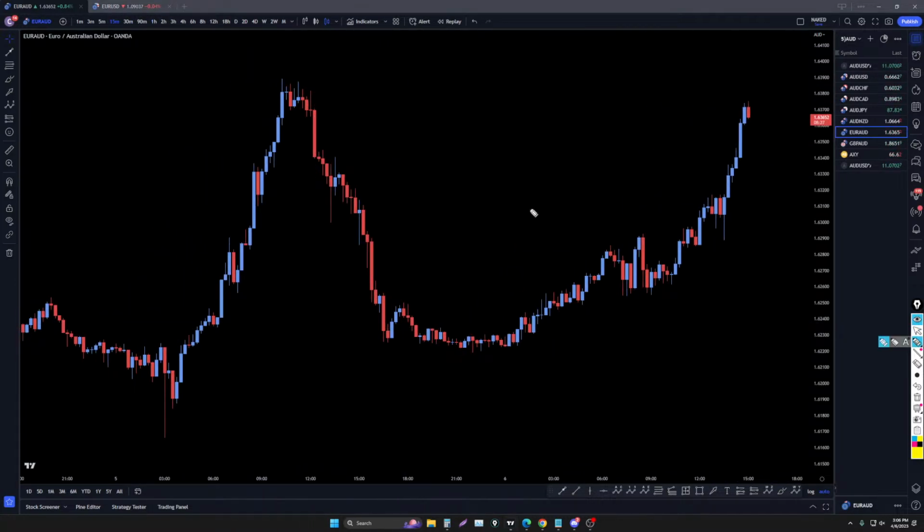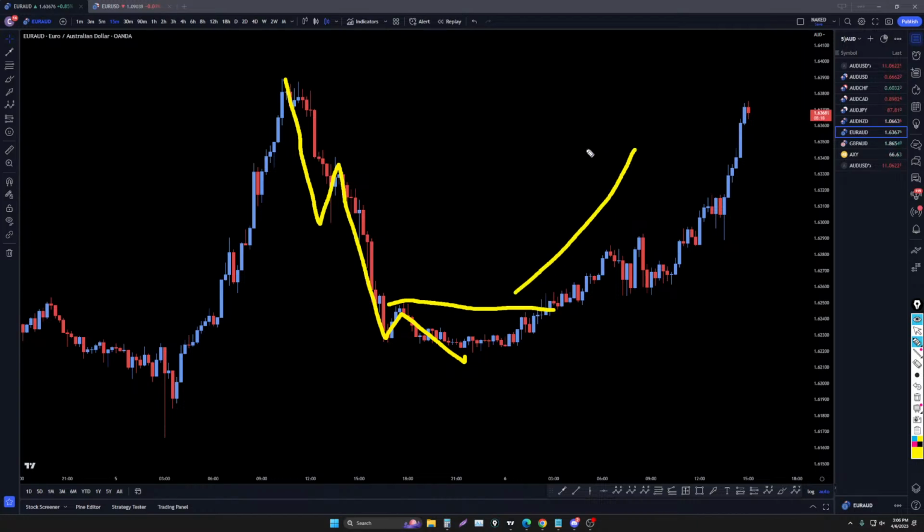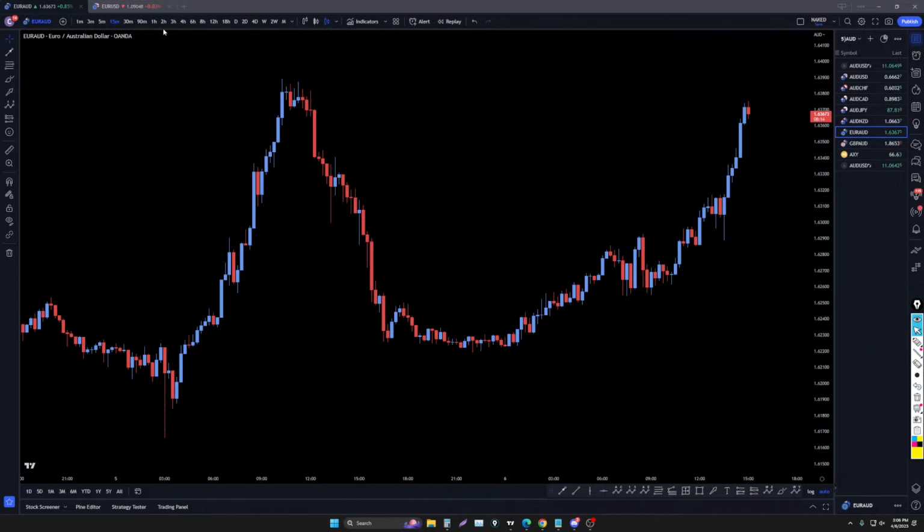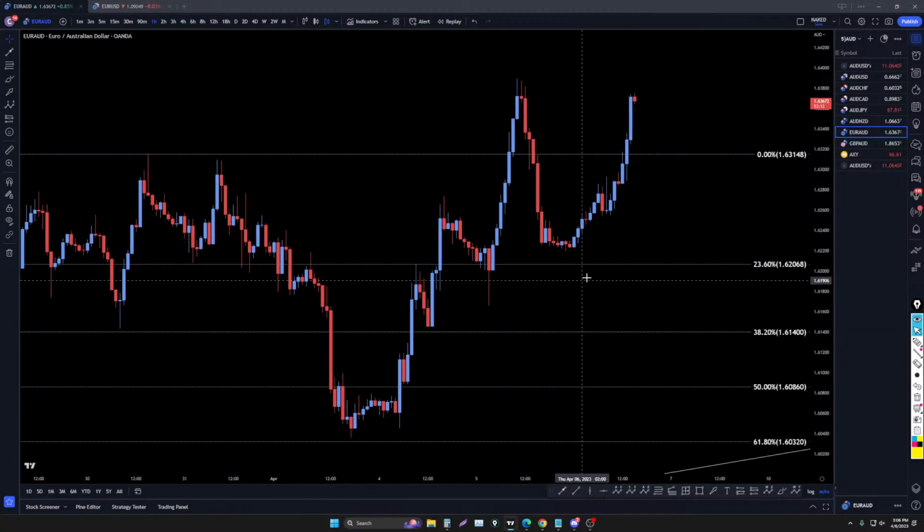This right here is definitely a motive wave correction. 1, 2, 3, 4, 5. Impulsive up, broke structure, and now it's just continuing the uptrend. So motive wave corrections are very, very common in the Forex market. Definitely no reason to think this is over. Even if it does start to go down, I would just continue to look for longs in an uptrend, that's for sure.